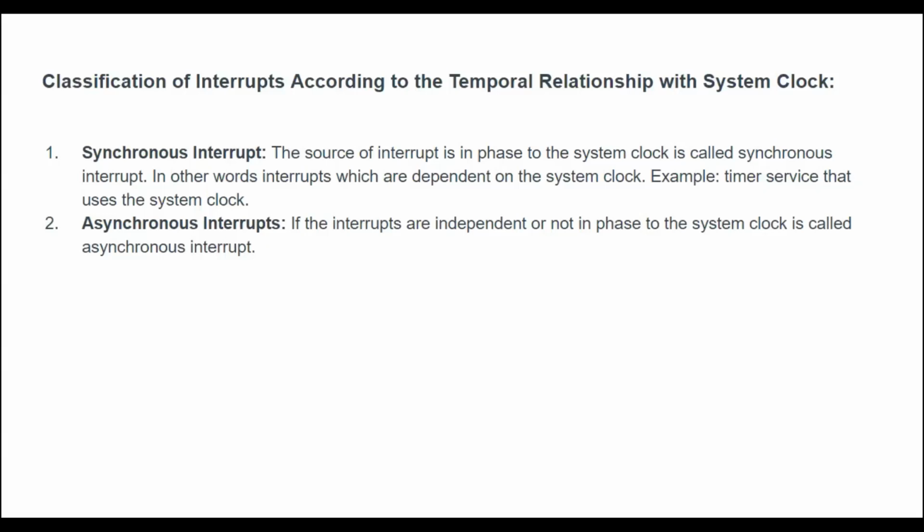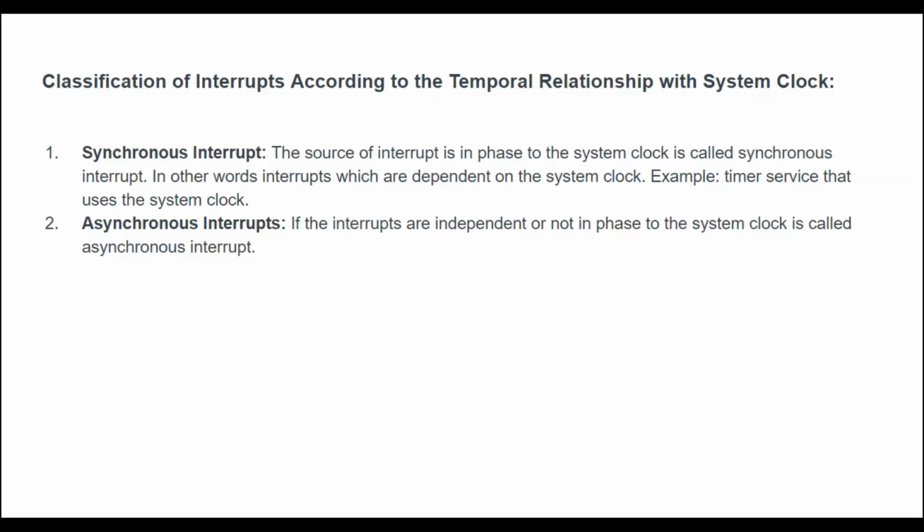For example, a timer service that uses the system clock is a synchronous operation, or synchronous interrupt. The synchronous interrupts are produced by the central processing unit's control unit while executing instructions, and are called synchronous because the control unit issues them.